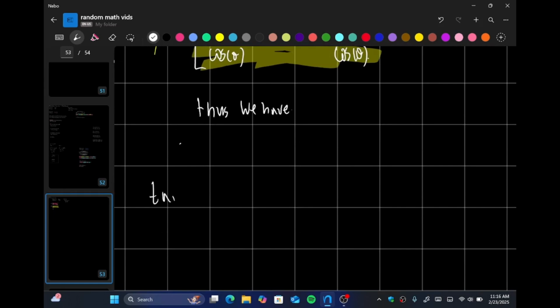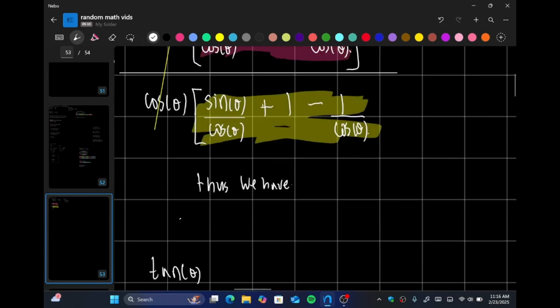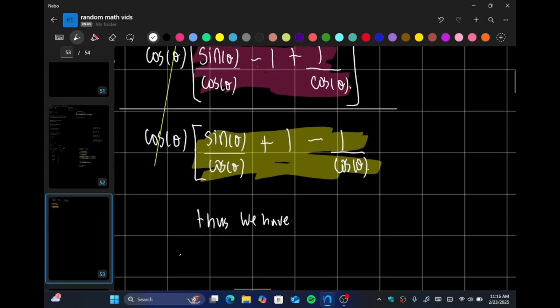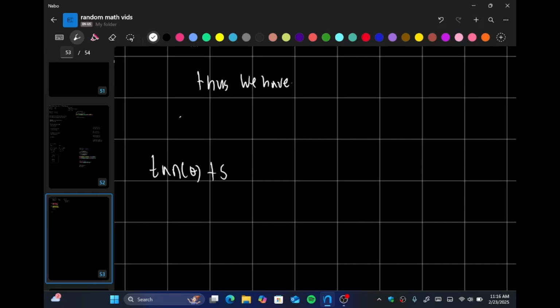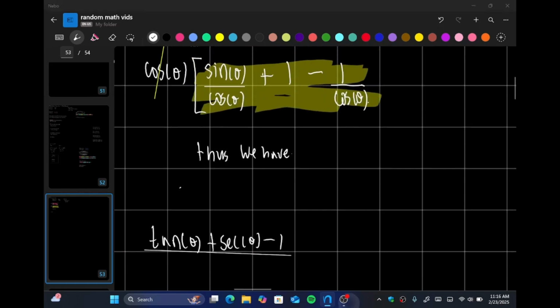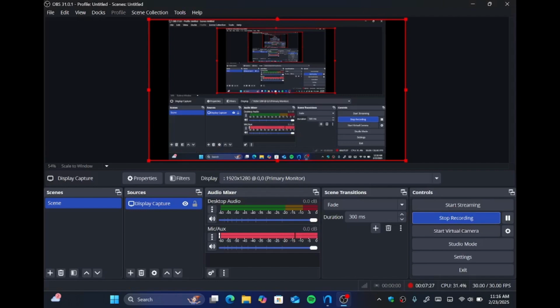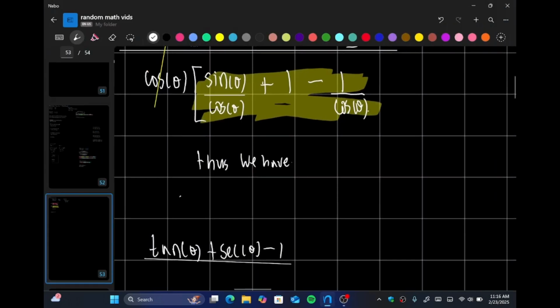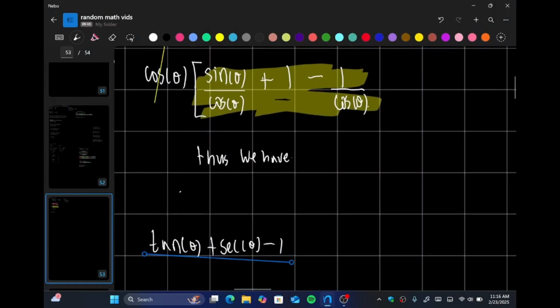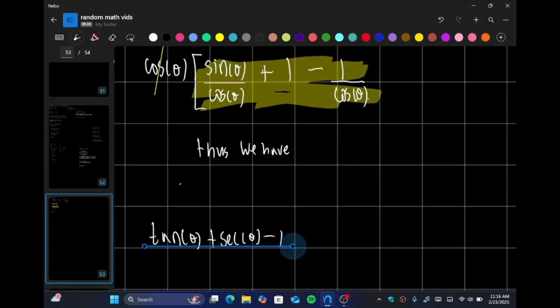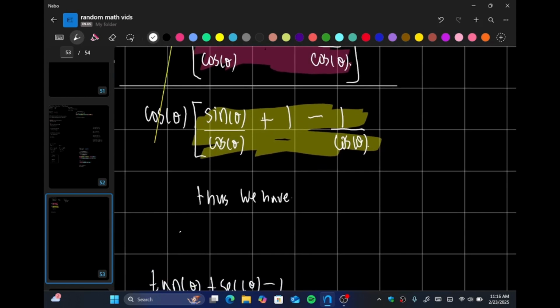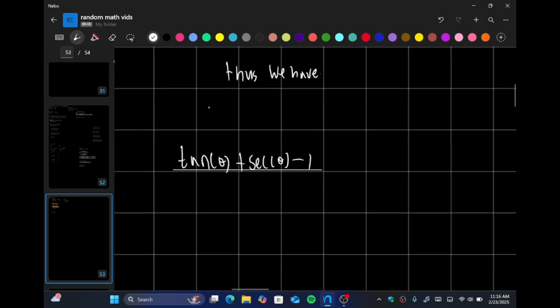So tan theta minus plus secant theta minus 1 over, and it's going to go the following way. So it's going to be over tan theta plus minus secant theta plus 1.